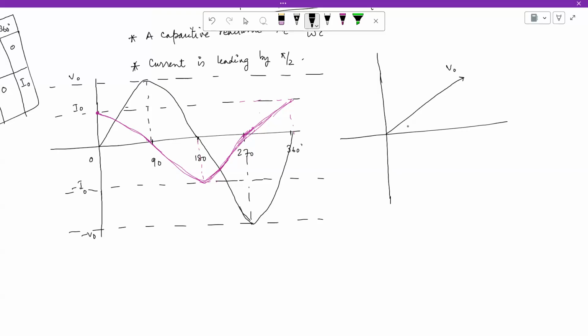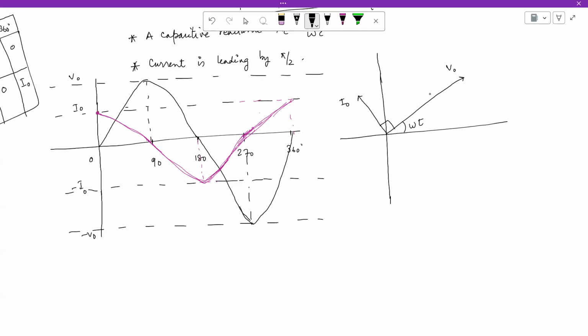And current, this is omega t, and omega t plus 90. So plus 90 would be here. So this whole angle is omega t plus 90. So this is I naught.